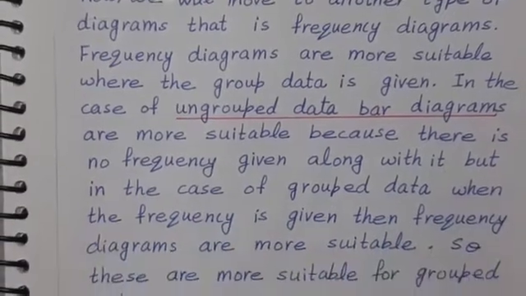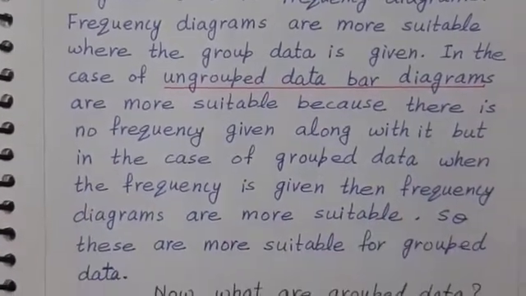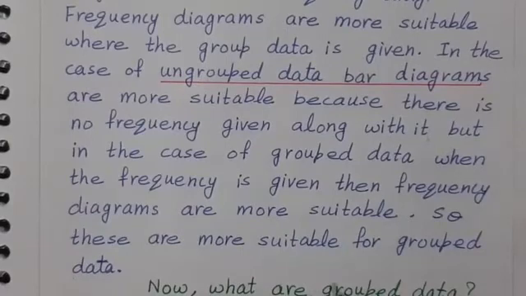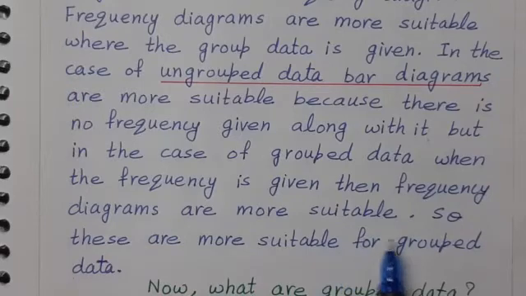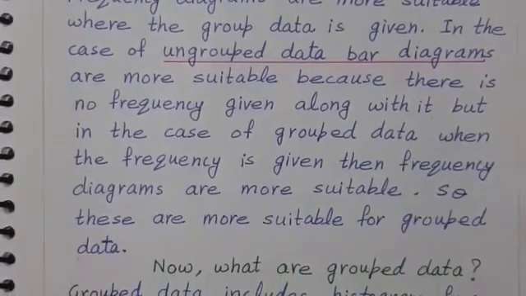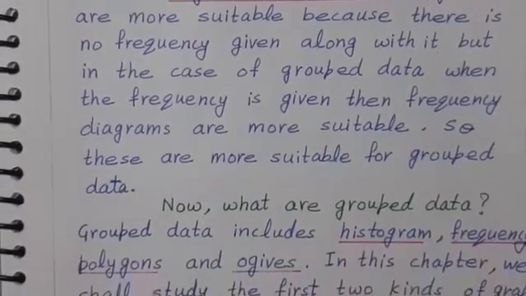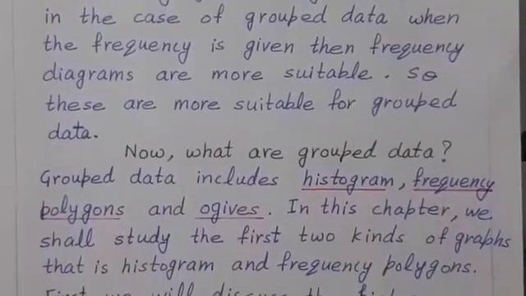But in case of grouped data, when the frequency is given, the frequency diagrams are more suitable. So, these are more suitable for grouped data. Now, students, what is grouped data? We have already discussed in the previous lessons, right?